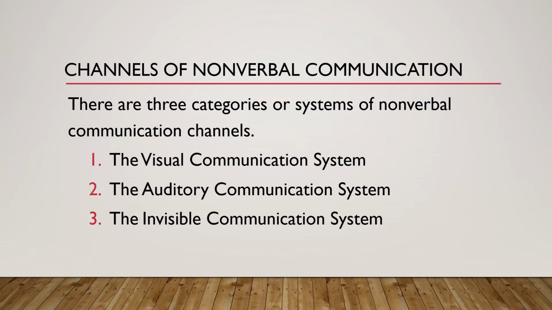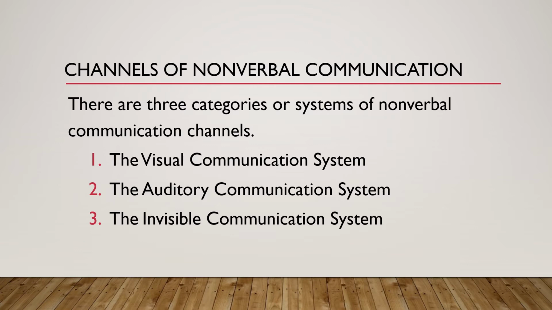So we're going to start looking at the specifics of nonverbal communication by looking at the three channels of nonverbal communication. Communication scholars have taken the 10 communication channels that are listed in your textbook and categorized them into three communication systems.